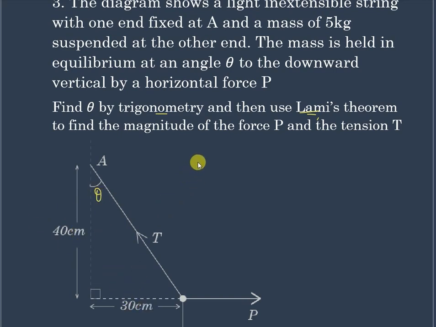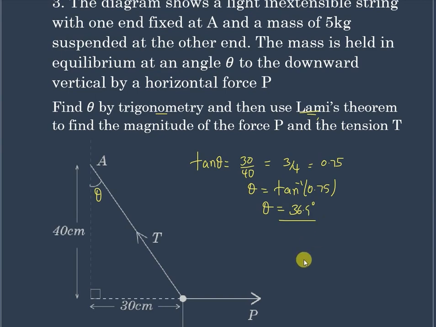So we can say that tangent of theta is opposite, which is 30, divided by adjacent, which is 40, 3 over 4, and we have that theta is the arc tan of that, which is 36.9 degrees. That's the value of theta.